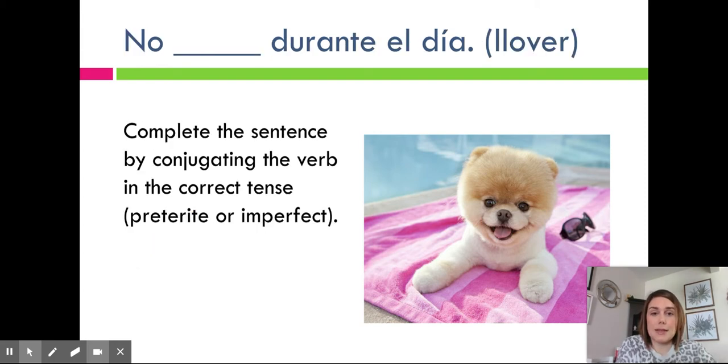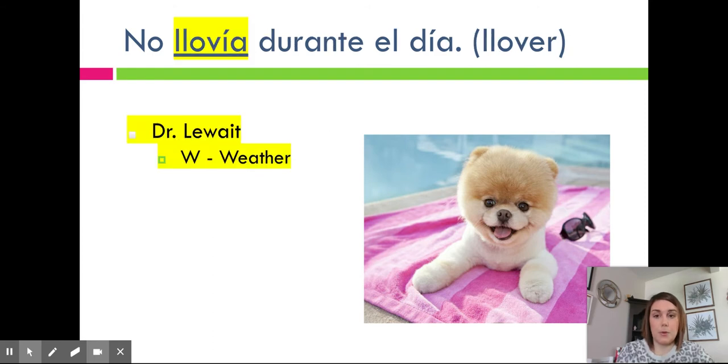No blank durante el día. You're going to use the verb llover. Llover means to rain. So go ahead and complete the sentence by conjugating the verb in the correct tense, the preterite or the imperfect. Muy bien. You should have written llovía, right? Because we're using Dr. LeWaitt here to describe the weather.